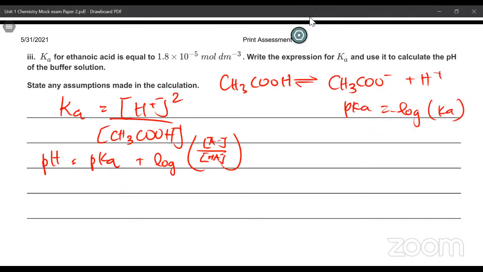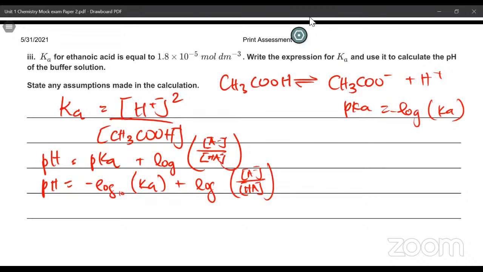So I can put that into the equation and say pH is equal to minus log of Ka, plus log of the concentration of the salt, A minus, over HA, which is the acid, right?